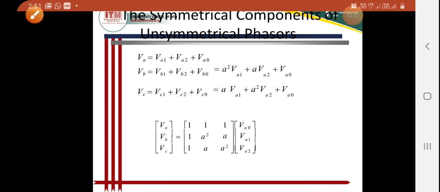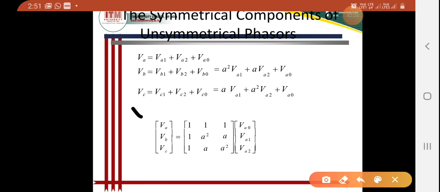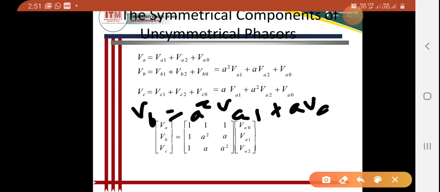So VB is a squared VA1 plus a VA2 plus VA0, as per our previous discussion.